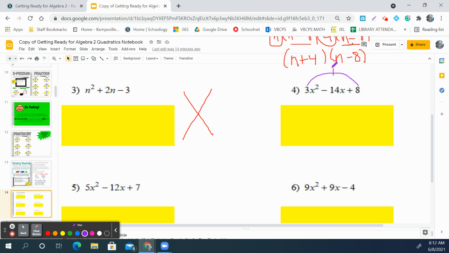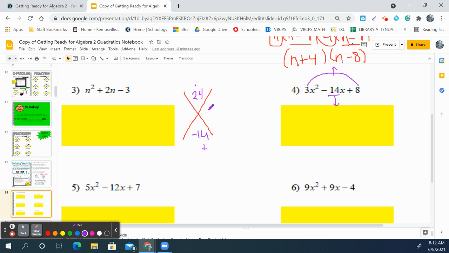You do A and then B and then C. It's 3 and then negative 14. It's 3 times 8. And 3 times 8 is 24. Okay. So what multiplies to 24 and adds up to negative 14?